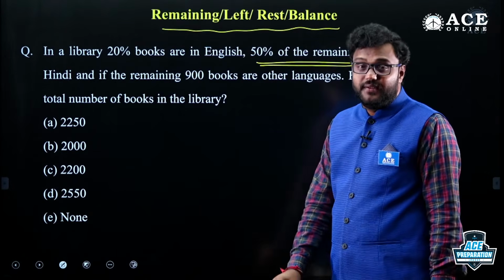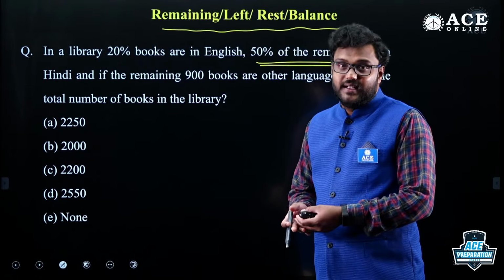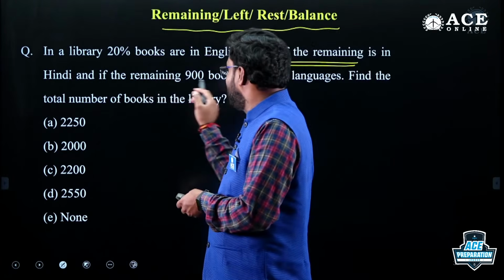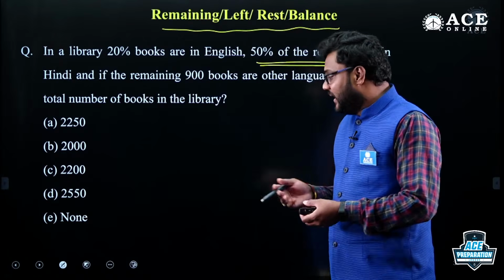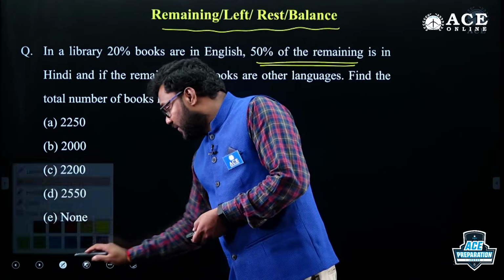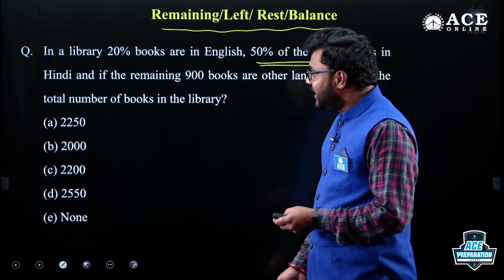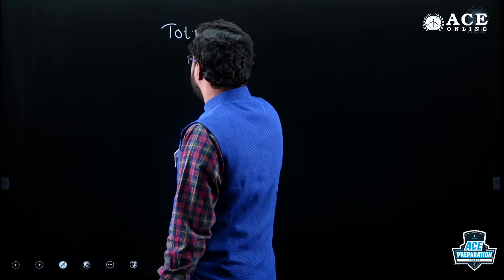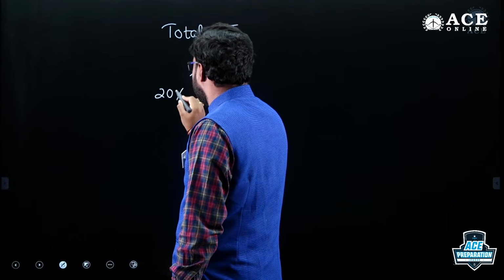It's not 50% of the total, it is 50% of the remaining, the rest, the balance. And if the remaining books is 900, what is the total number of books in the library? I don't know the total number of books here. One method is assuming the total is something and proceeding, or else the normal one is I can take the total number of books as T, and 20% of this is English.